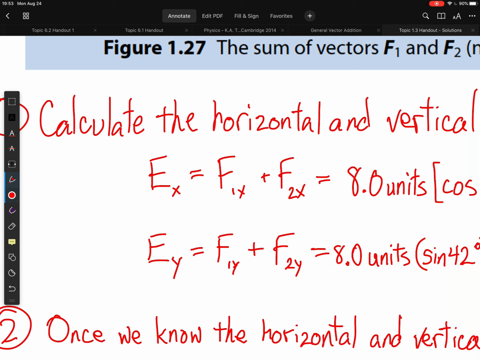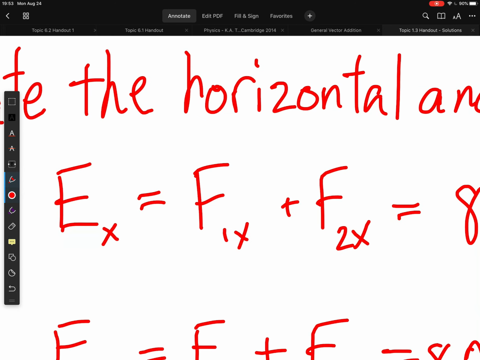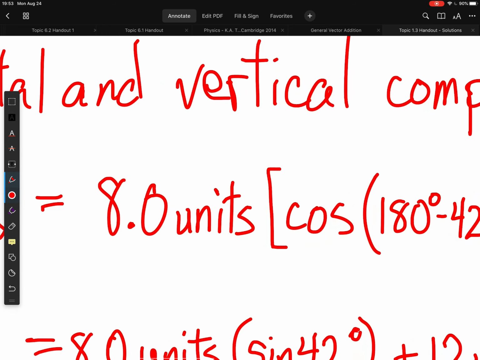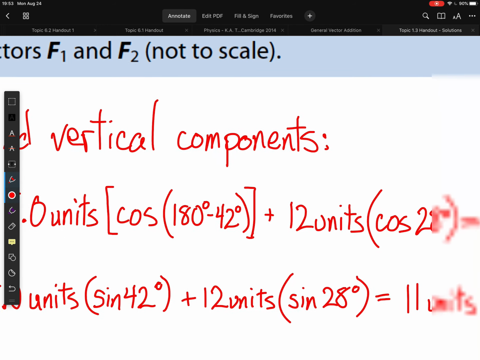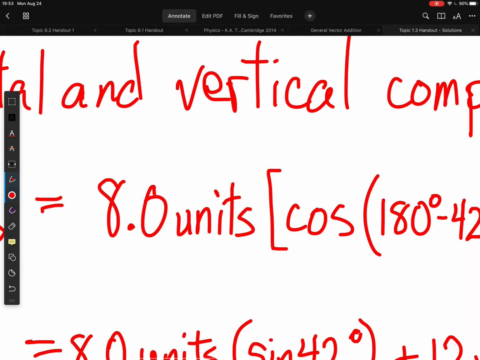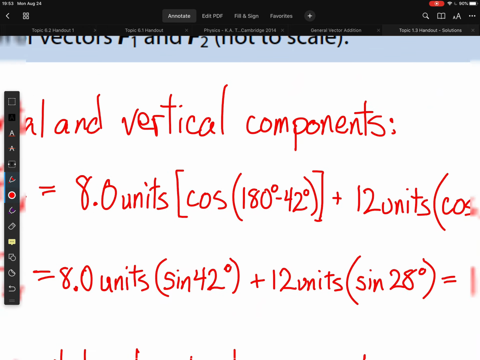So the horizontal component of E is going to be equal to the horizontal component of f sub 1 plus the horizontal component of f sub 2. Okay, and we know from our data booklet that that will be given by the magnitude of the vector times the angle of the vector.